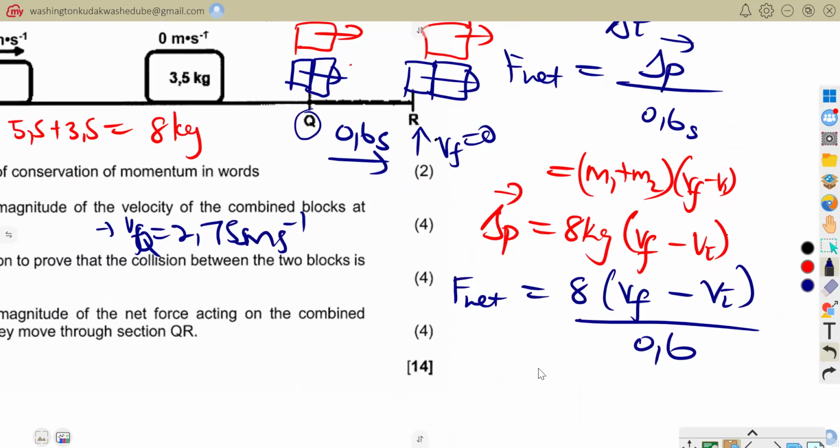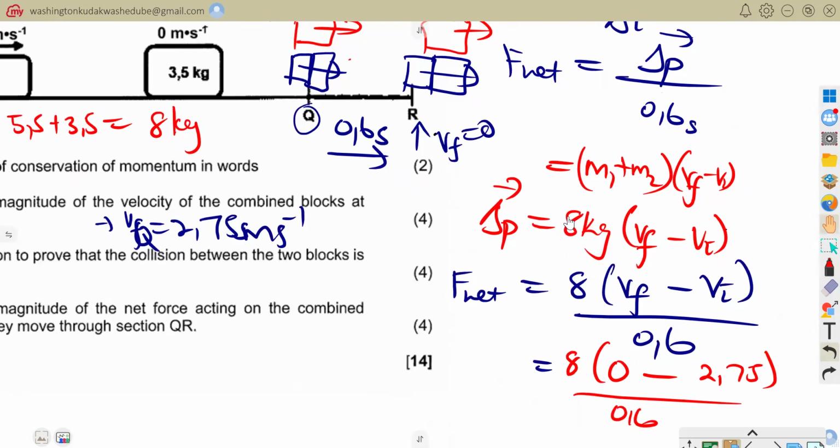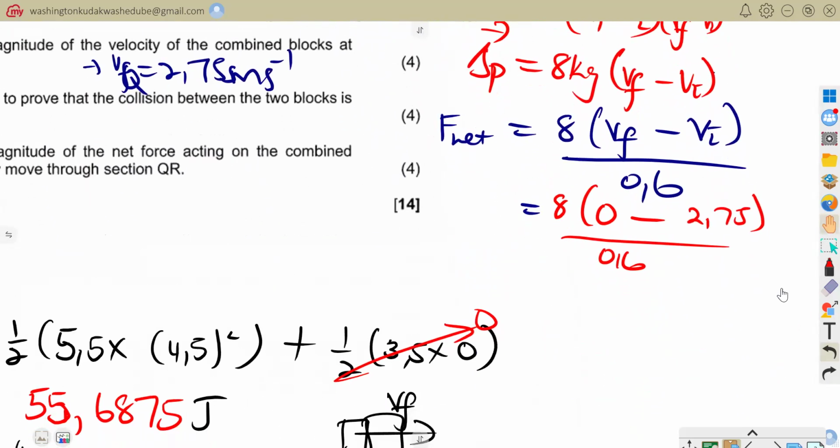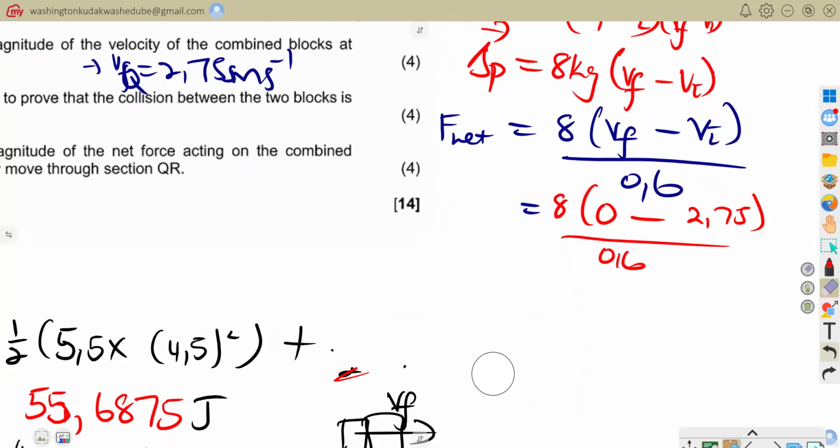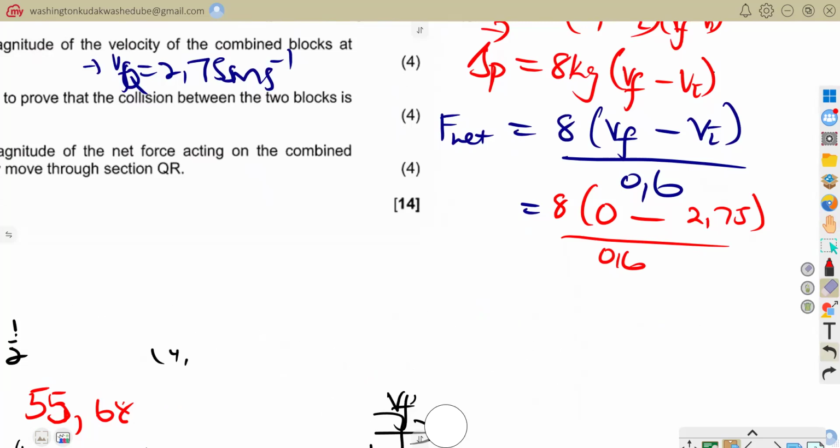So I would use 8, bracket, my final velocity is 0 minus 2.75, all divided by 0.6. That is how you simply calculate your net force there.